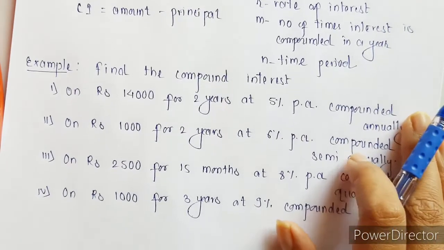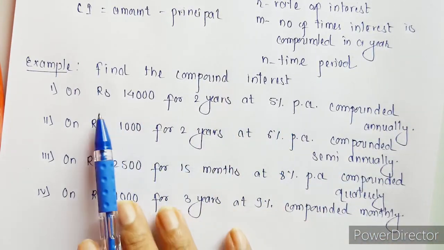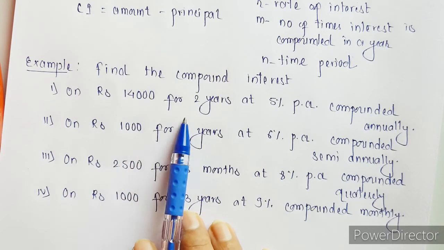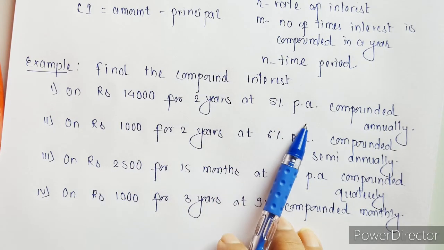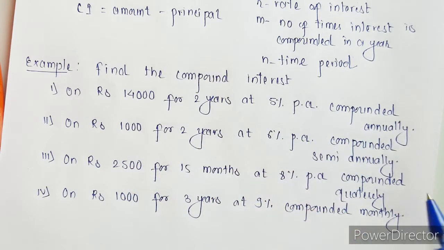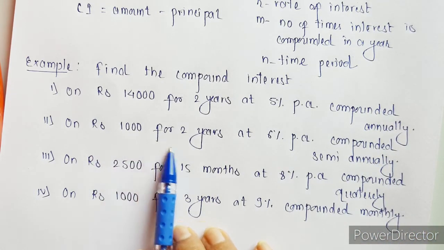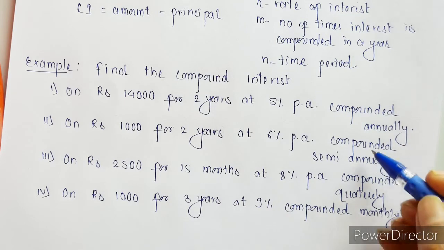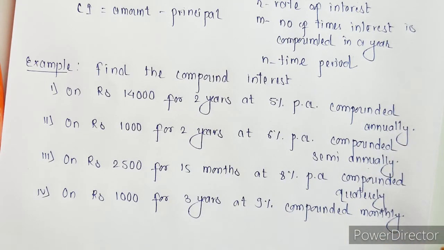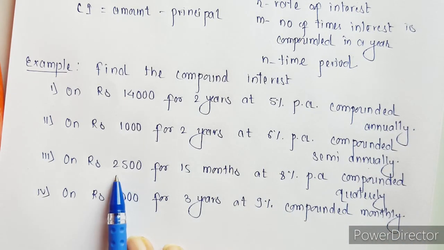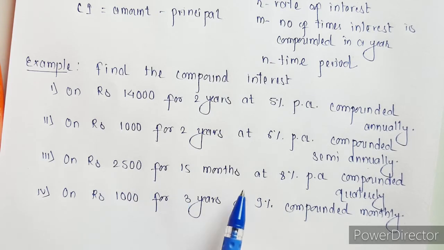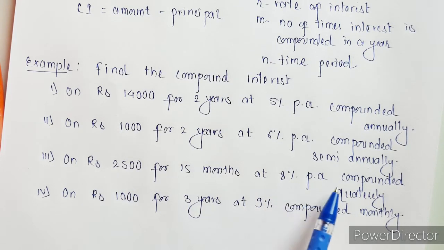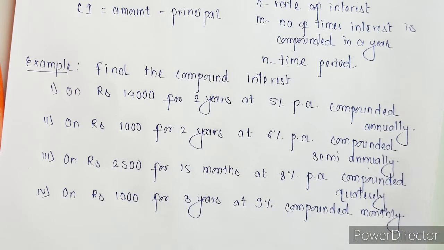Find the compound interest on rupees 14,000 for 2 years at 5% per annum compounded annually. Next one is on rupees 1,000 for 2 years at 6% per annum compounded semi-annually. Then 2,500 for 15 months at 8% per annum compounded quarterly, and the last one is compounded monthly. Let's start with the first one.